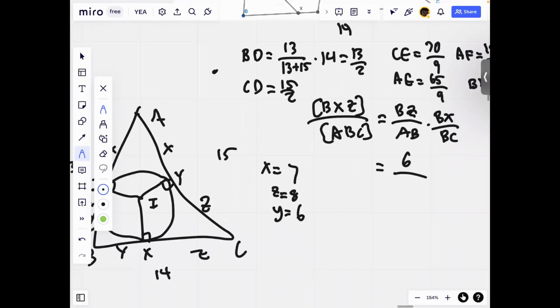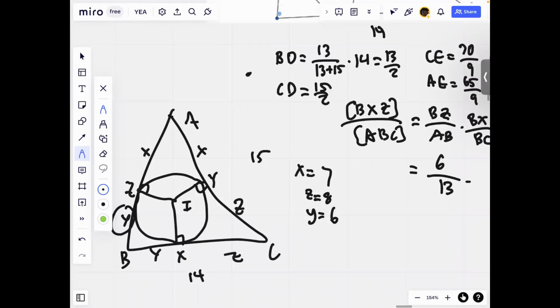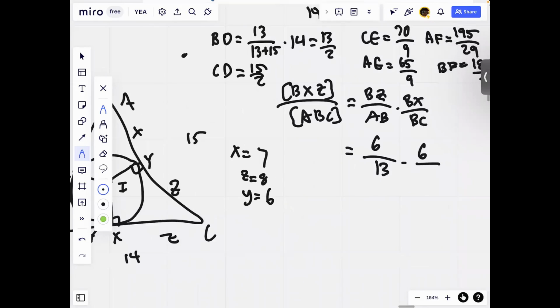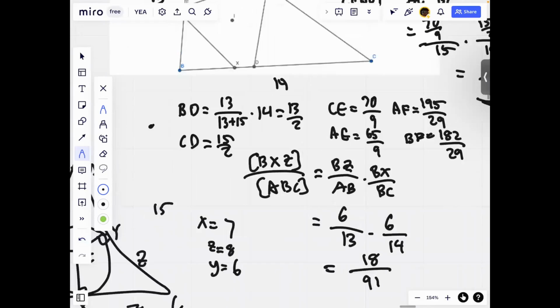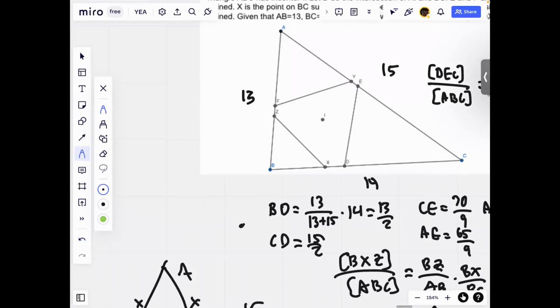So 6 over AB, which we know is 13. BX is also Y, so that's 6. And then BC is 14. So this is equal to 18 over 91.